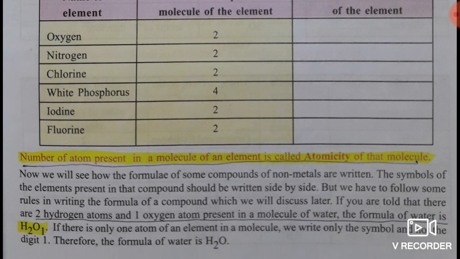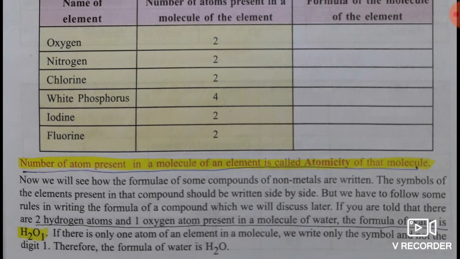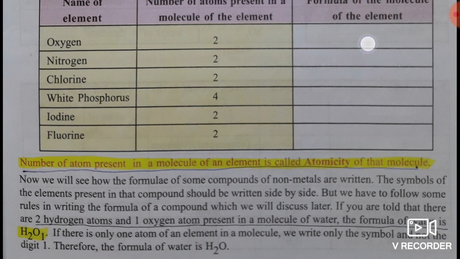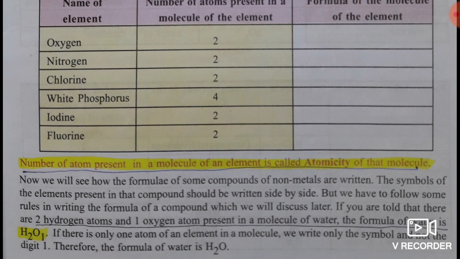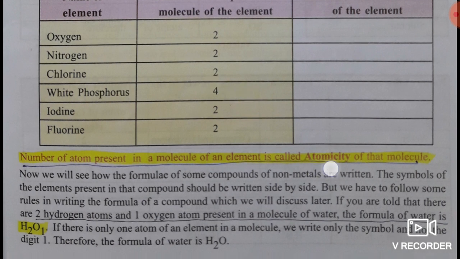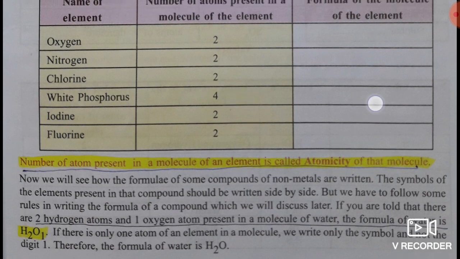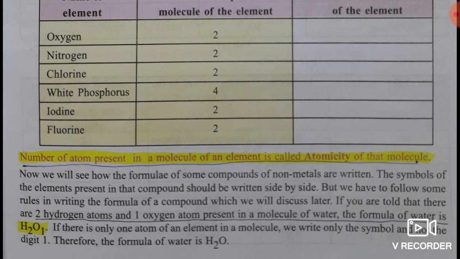Now the number of atoms present in a molecule of an element is called atomicity. So in oxygen molecule there are two atoms, so the atomicity of oxygen molecule is 2. Similarly, the number of atoms for phosphorus molecule is 4, so the atomicity of phosphorus molecule is 4. So this is the definition of atomicity.